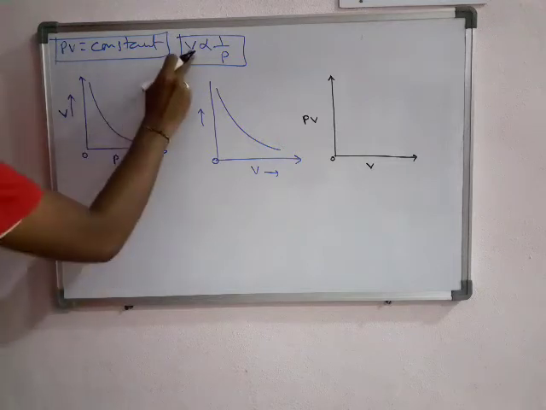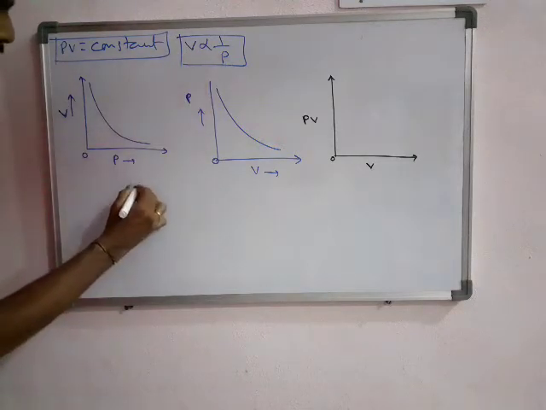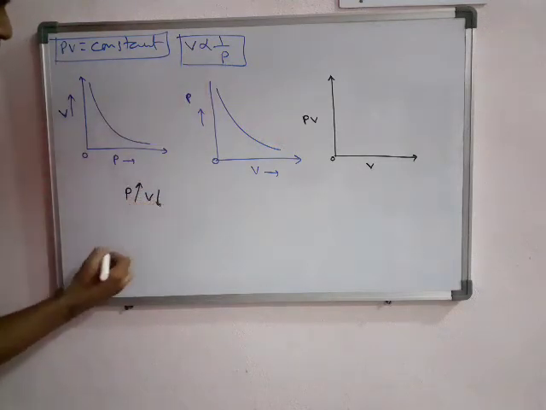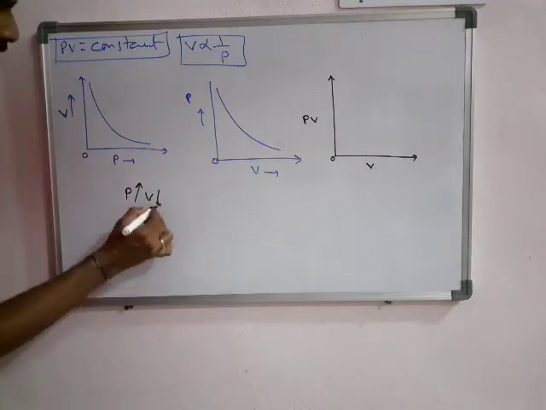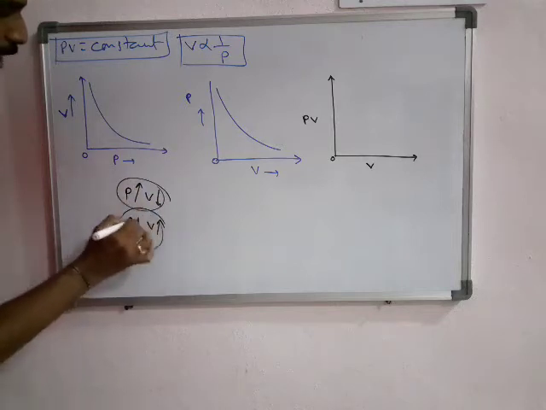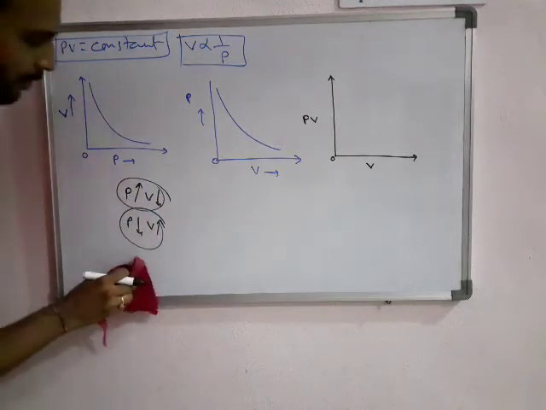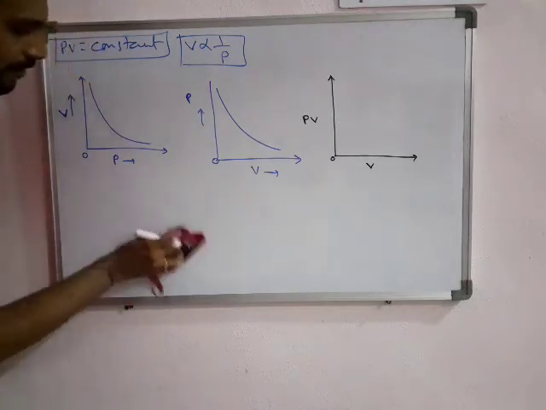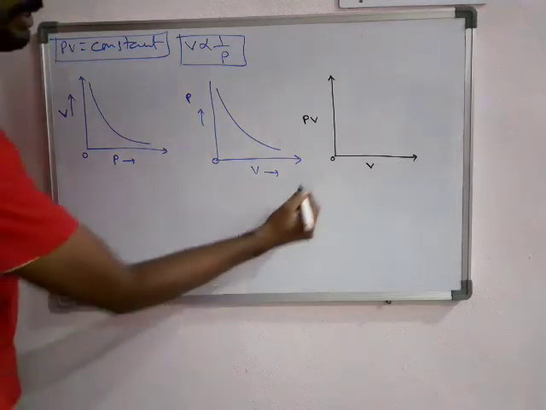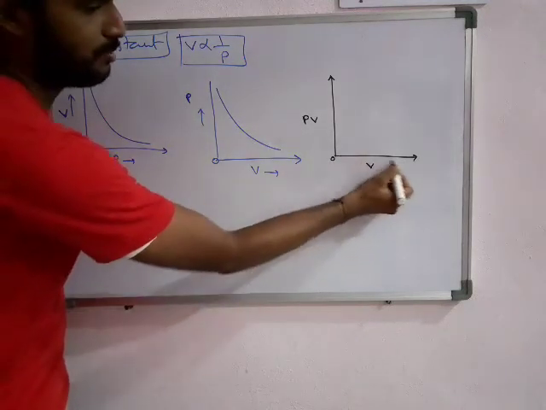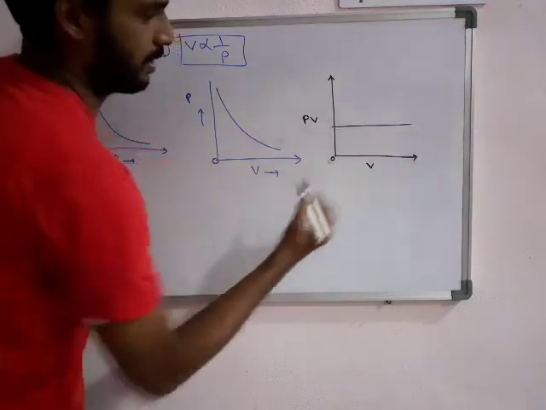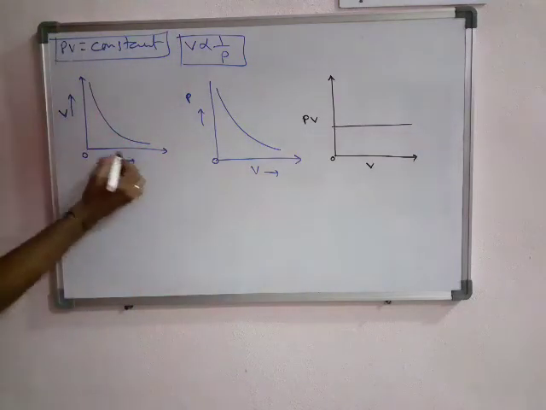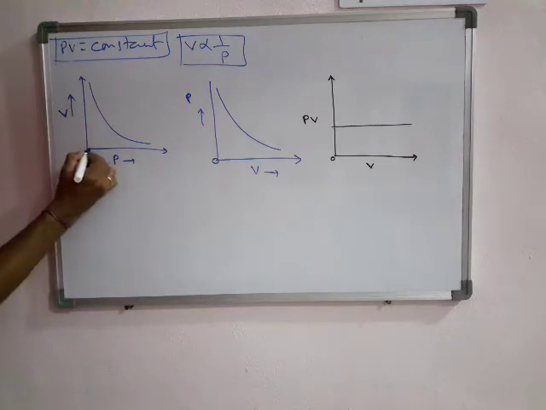As P is inversely proportional, for example, if P increases, the volume decreases. If pressure decreases, volume increases. Means the product of pressure and volume is always constant. So volume changes, but PV is always constant.